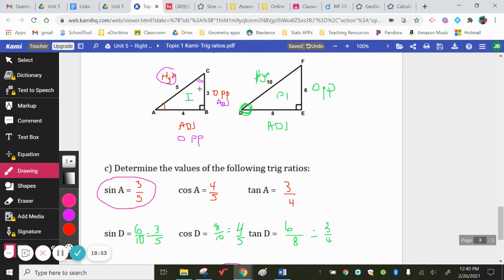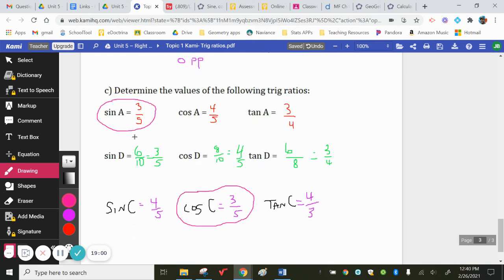So since that's 90, then these two angles must add to 90 because the triangle angle sum is always 180. So complementary angles have cofunctions that are always going to have the same value. The sine of A has a value of 3/5. The cosine of C also has a value of 3/5. And then you see that here with the cosine of A and the sine of C.